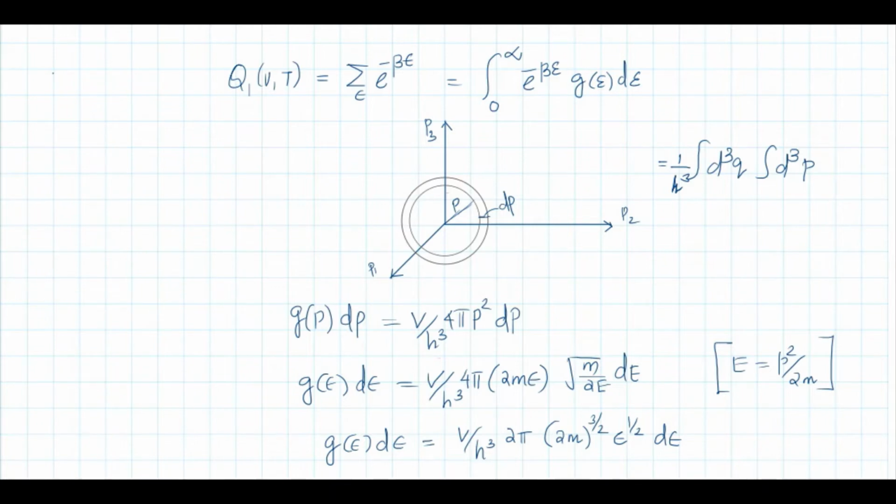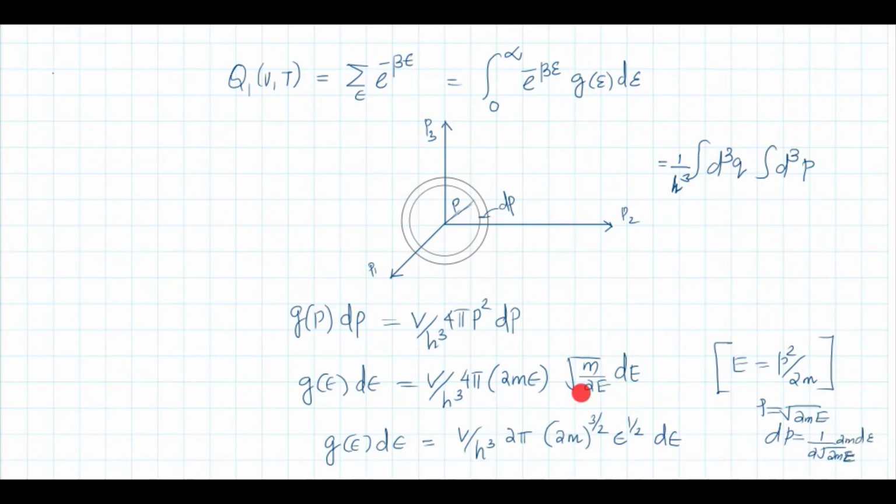Now I can replace this p with the energy using the expression ε equal to p² by 2m. So p² you can replace with 2mε, and from this you can write p as root 2mε. So dp is 1 by 2 root 2mε into 2m dε.